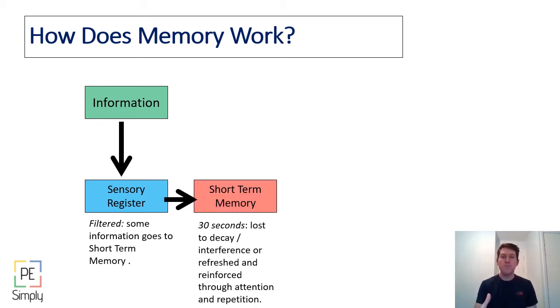Now, hopefully you'll recognise and know from one of the topics like the information processing model in PE that our short-term memory lasts for around about 30 seconds. And a lot of the information that goes to the short-term memory will get lost, through what we call decay.